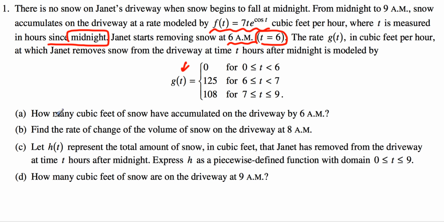Alright, so the question A is how many cubic feet of snow have accumulated in the driveway. So accumulating, that means we have to use the f of t. So in case of A, the way which we can calculate is we're going to take the integral since it started from midnight, so 0 through 6 for f of t dt.